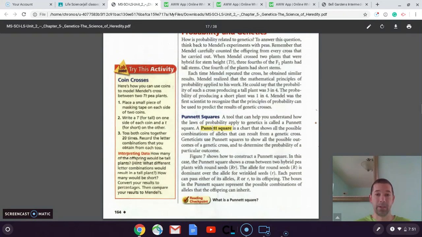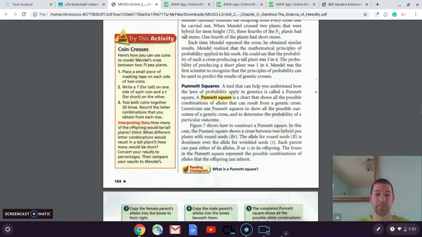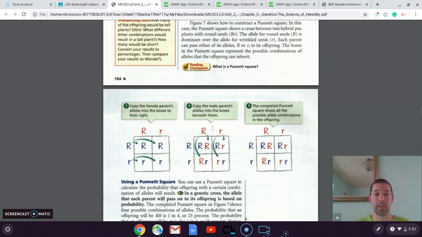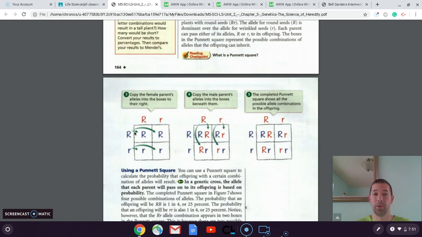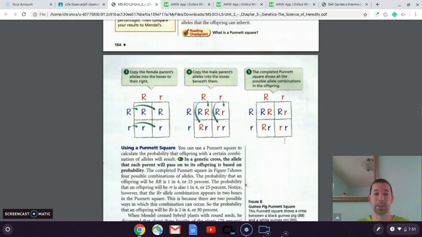And scrolling down now to page 165, it shows again the results of the Punnett square, where you put the different letters. On your next quiz, I'll be having you fill in a Punnett square based on this information. So make sure you study and review how to make these Punnett squares.